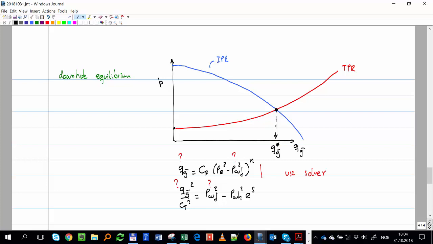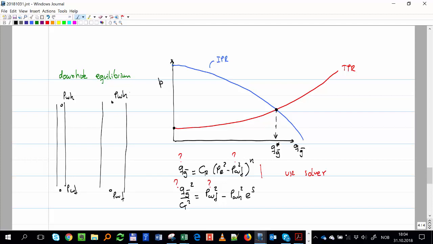We have to make a vote, okay? Let's say I have the tubing, and that's my PWH and PWF. And now I have a big tubing, and this will be PWF and PWH. If I have no flow, the rate is 0, and I have the same pressure here, 40 bar.